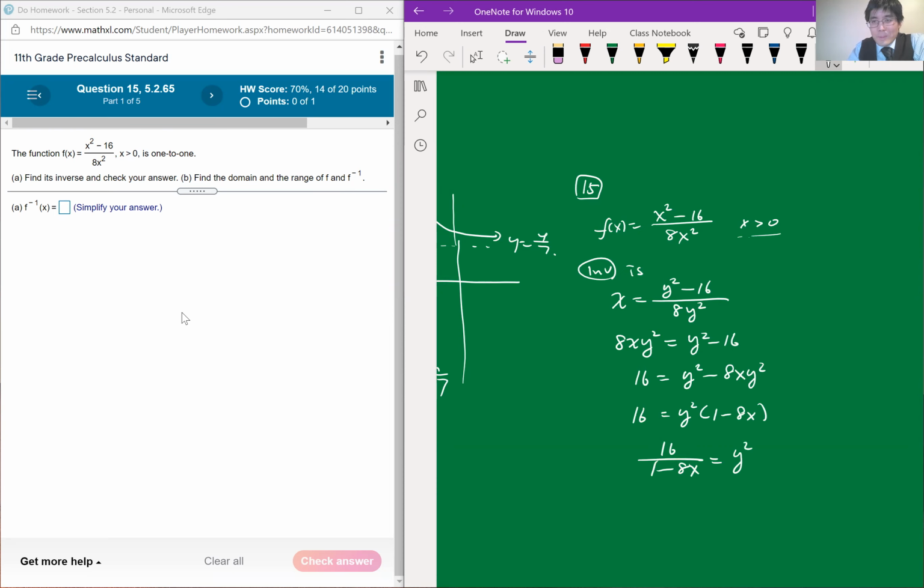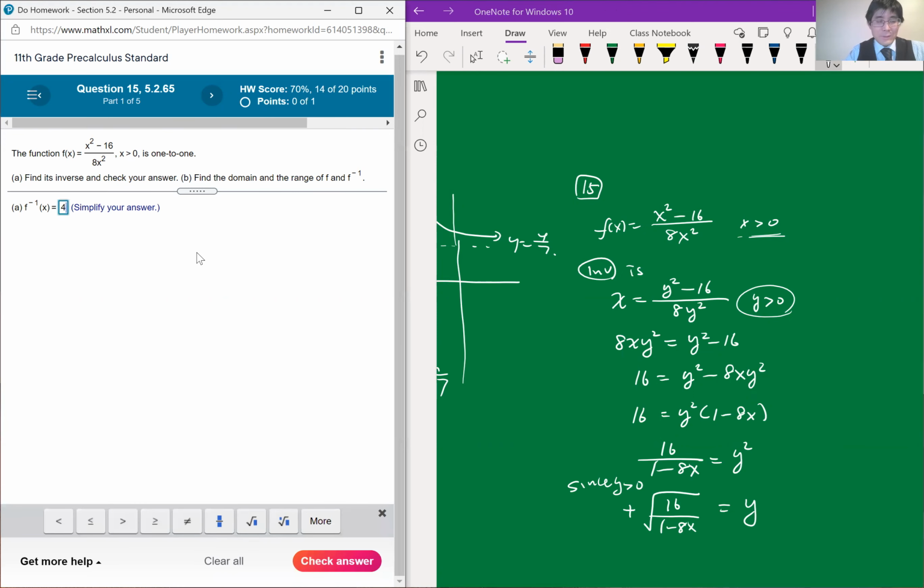Since x is positive in the original expression, in the inverse relation y must be positive. So after taking a square root, since y is positive, you only take the positive square root. It is the square root of 16 over 1 minus 8x. You can take 16 out of the square root, so it's going to be 4 over the square root of 1 minus 8x.